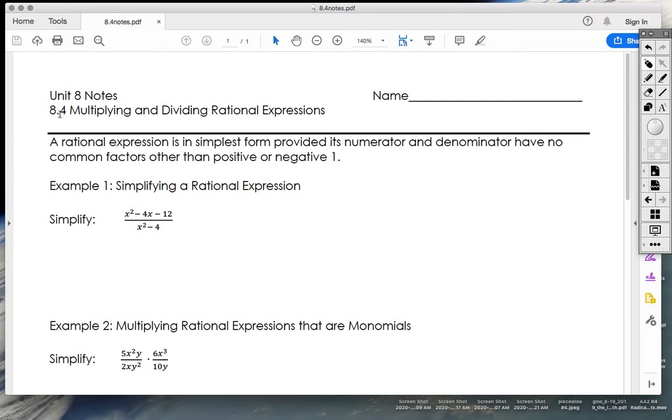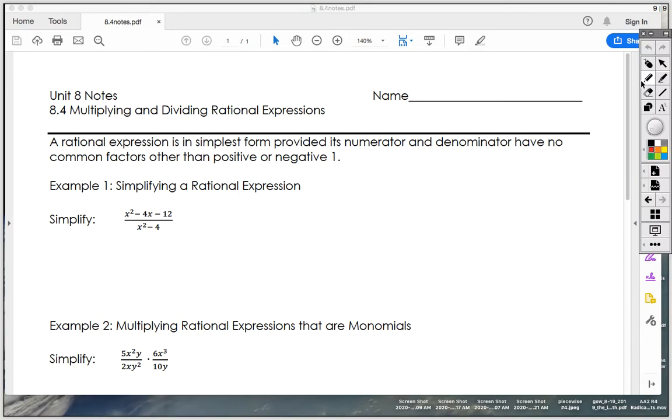Now, when I think about rational expressions, I'm really thinking about the rules for fractions. So, it's provided its numerator and denominator have no common factors other than a positive or negative one.